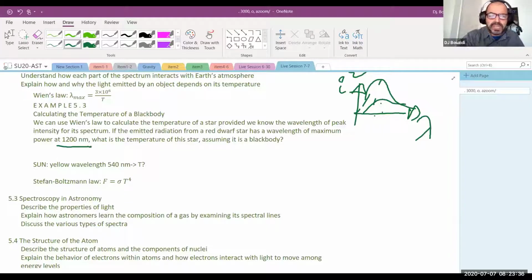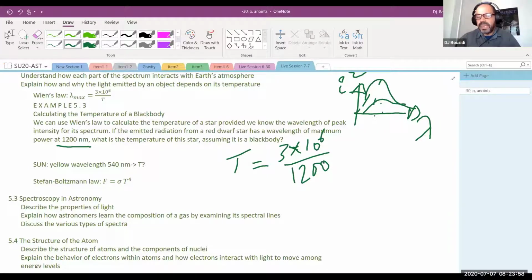So if I want to find its temperature in this case, I use this formula, which is Wien's law, the displacement law of Wien. So in this case, it's 3 million divided by the wavelength, which is 1200 nanometers. The temperature is going to be in kelvins, and the wavelength is in nanometers. So with my calculator, I'm going to do 3 times 10 to the power 6, and divide that by 1200 nanometers.